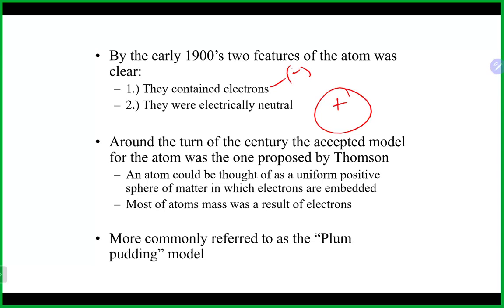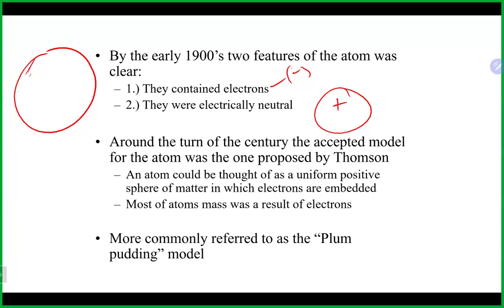Around the turn of the last century, the accepted model for the atom was one proposed by Thomson, a different Thomson actually, but Thomson as well was his name. The atom was thought of as a sphere of positive charge.